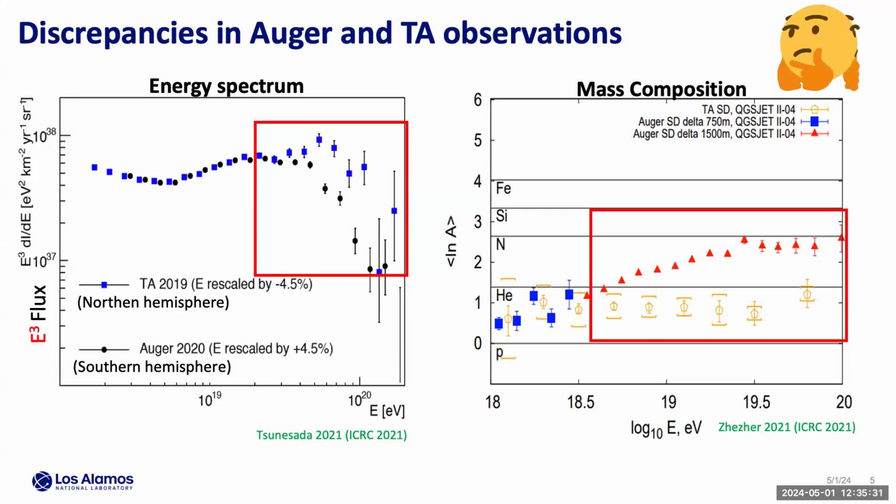So according to the Auger data, the high energy flux is lower than the TA data, and the mass composition is heavier than the TA data. This is well known in this field, but the interesting thing is that there is no model or theory to explain this discrepancy.